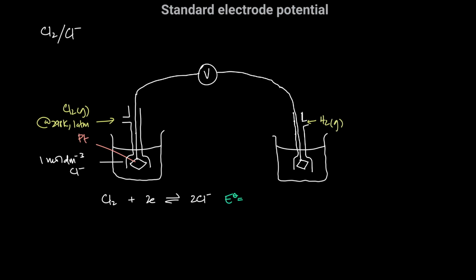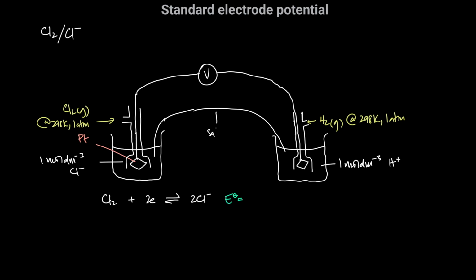For any standard potential, whether standard electrode potential or standard cell potential, we'll always be using a temperature of 298 Kelvin, 1 atmospheric pressure, using 1 mole per dm cube solutions. So we have 1 mole per dm cube H plus, and then to complete the circuit, we have a salt bridge.